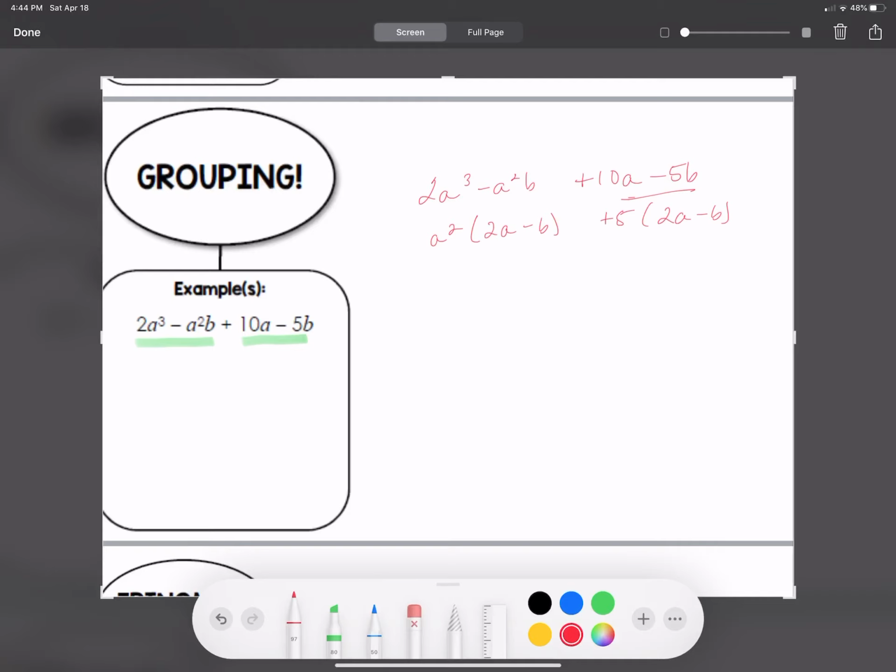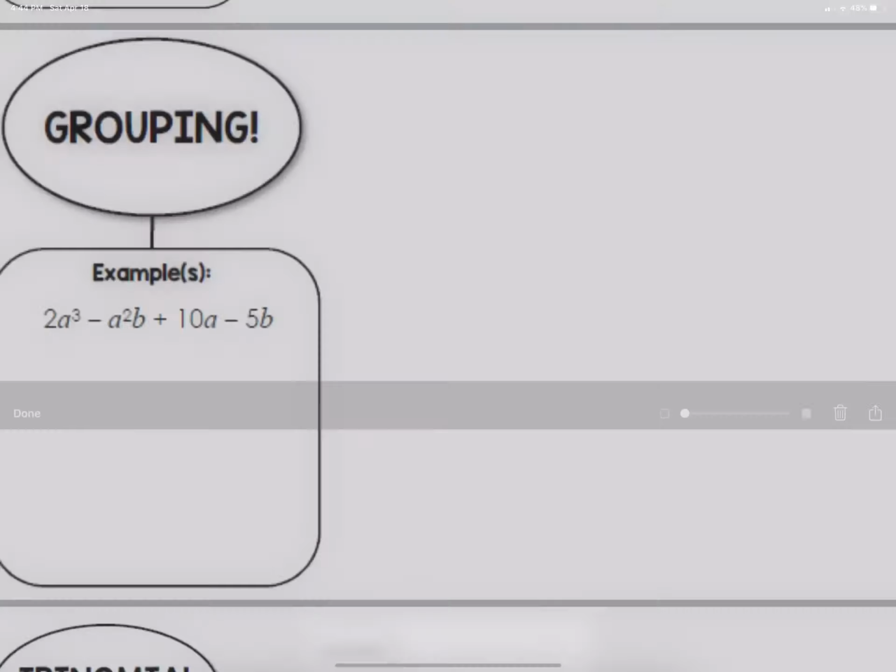So my final factored form is the common factor, 2a minus b, and the GCFs put together, a squared plus 5.